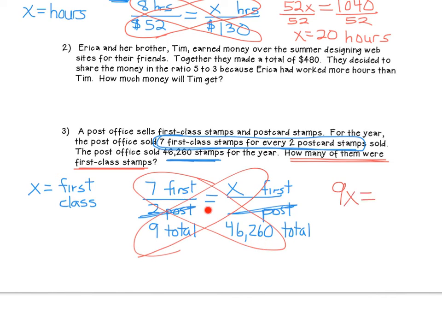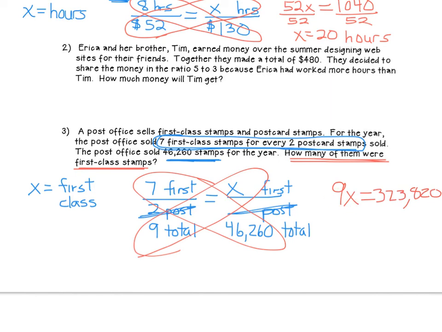Then do the other cross product. Whoa, 7 times 46,260 is 323,820.